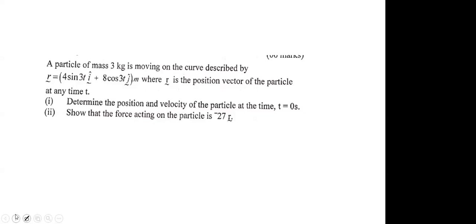When you look at the number we have at hand, they're telling us that we have a particle of mass 3 kilograms moving on the curve described by that, where r is the position vector of the particle.